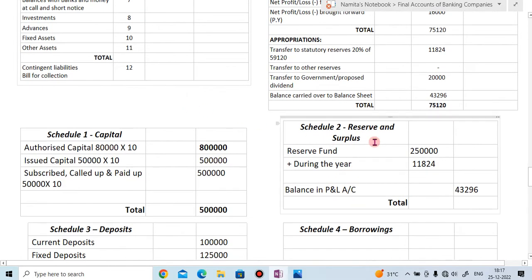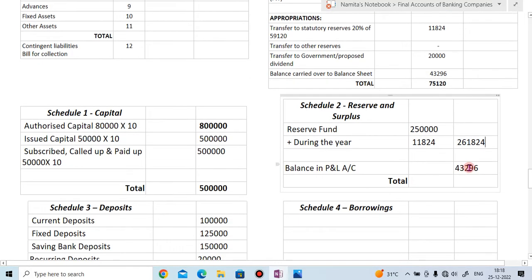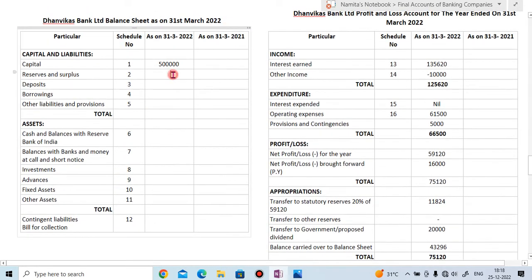Now total of reserves and surplus. So add 2,50,000, 11,824. The answer will be 2,61,824. Okay, so the total of reserves and surplus is 3,05,120.